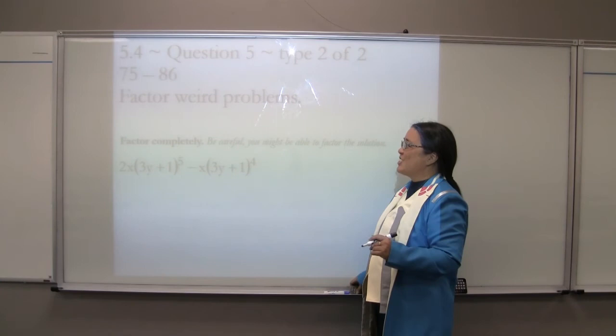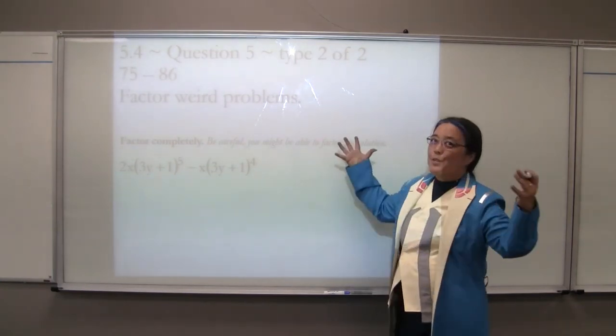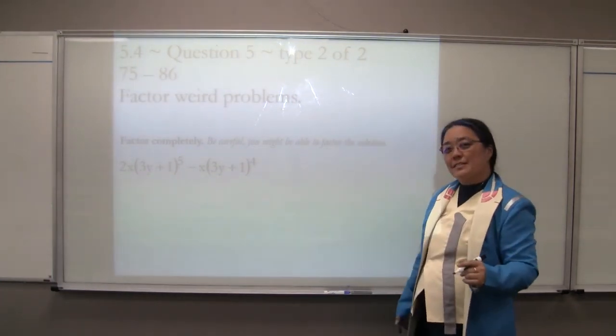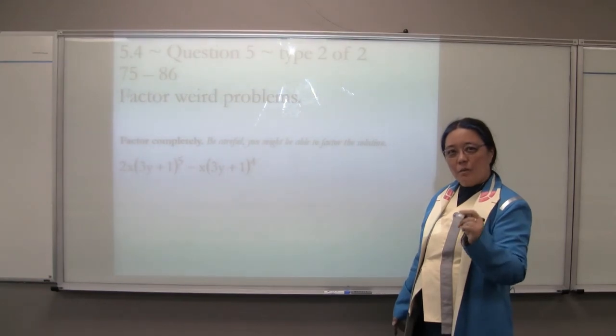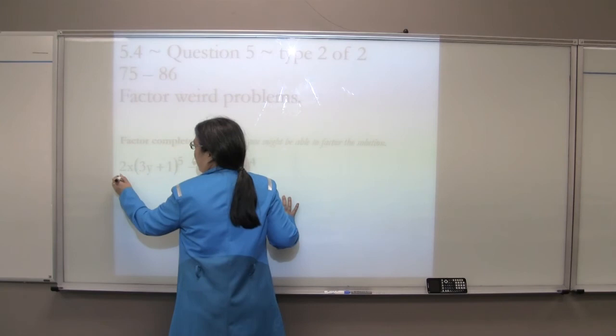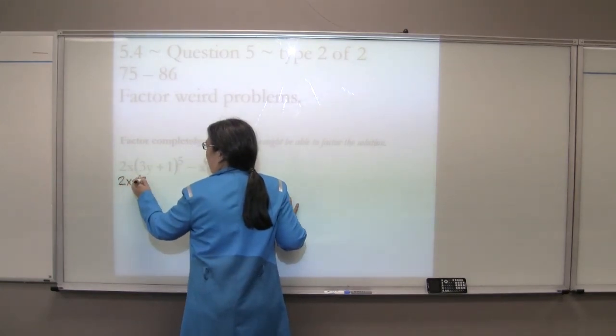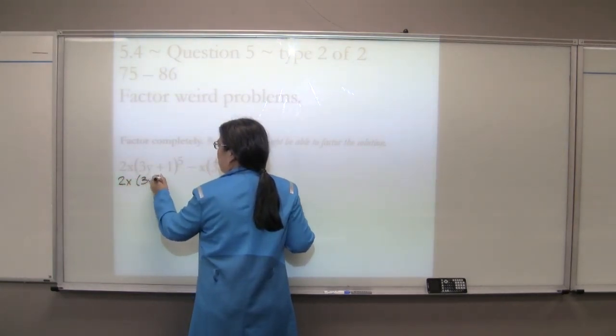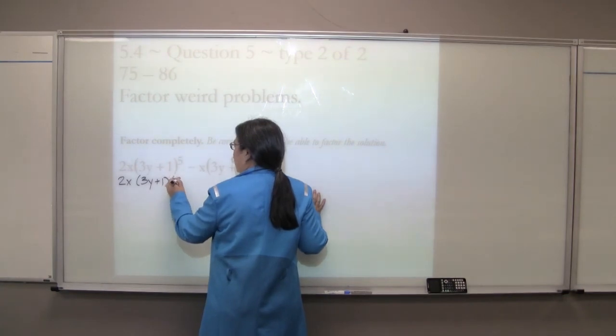Chapter 5, section 4, question 5, type 2 of 2. You might look at this and say, this looks an awful lot like one of the question 2s from this section. And it is. I'm going to actually do it the same way. Some of you may not need to write this out 5 times.